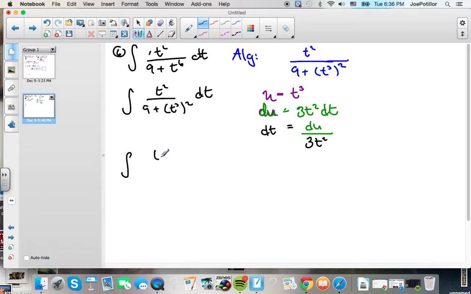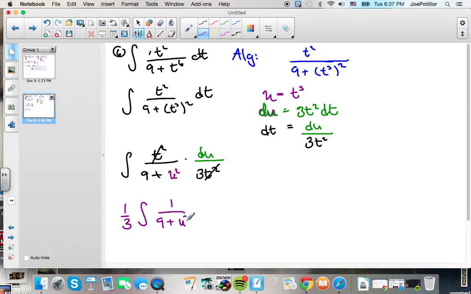Integral t squared over 9 plus, that becomes a u squared times, of course, du divided by 3t squared. The t squared goes away. 1/3 comes out because it's a constant. So 1/3 integral of 1 over 9 plus u squared du.